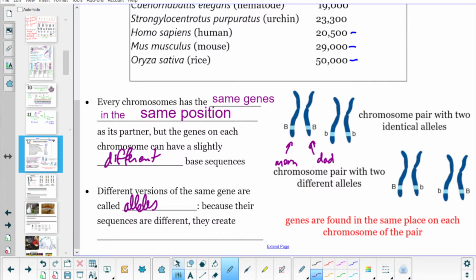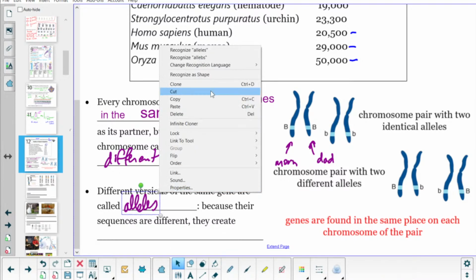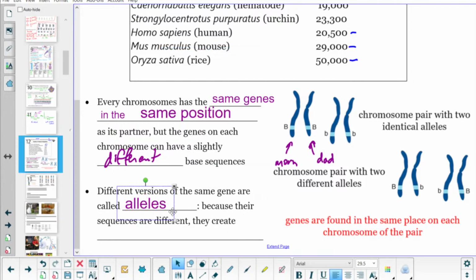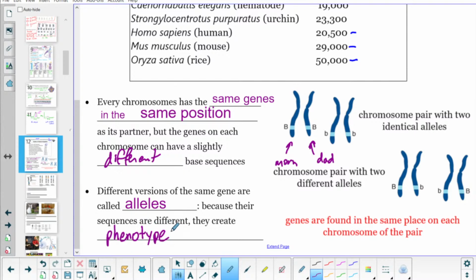And what it looks like is known as a phenotype.